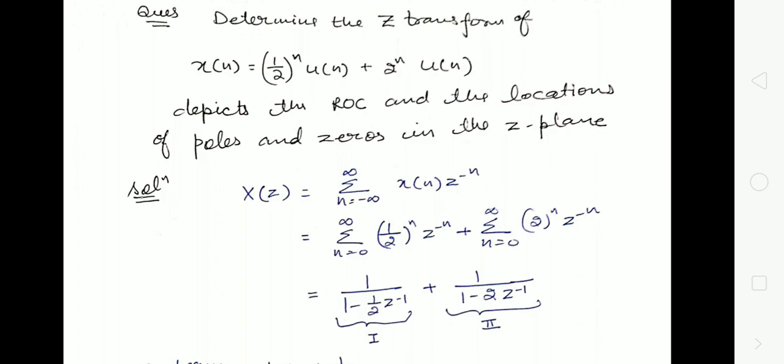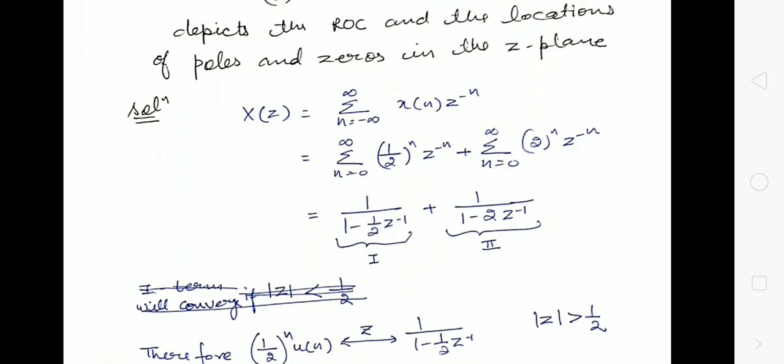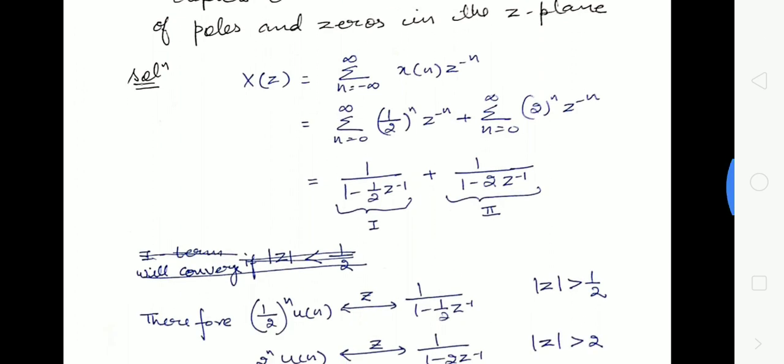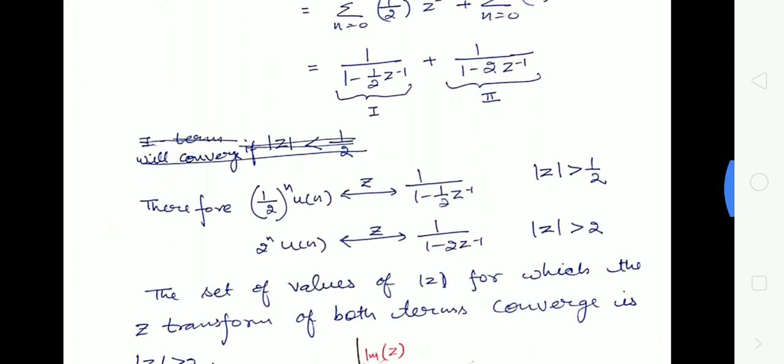Because there is u[n], the limit will be 0 to infinity, and after solving this we get these two terms. First term is 1 upon 1 minus (1/2) z inverse, because this is an infinite length GP, and second term 1 upon 1 minus 2 z inverse.